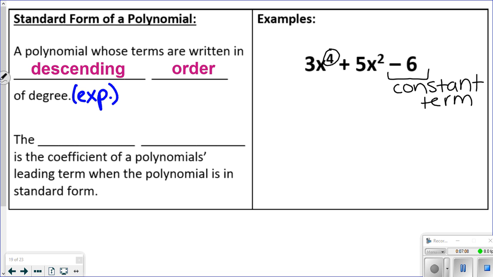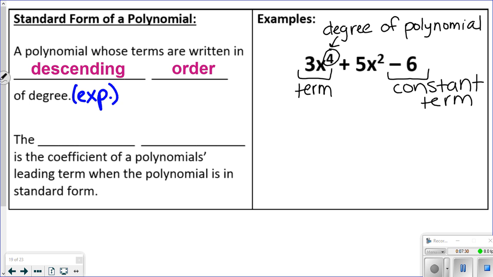That would be 4. This is called a term. So 3x to the 4th power is a term. 5x squared is also a term.